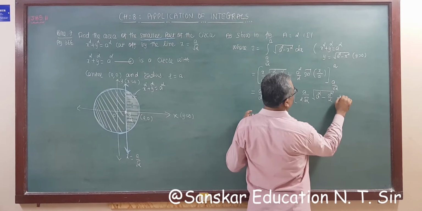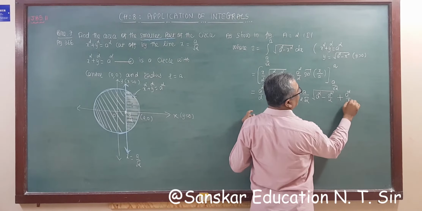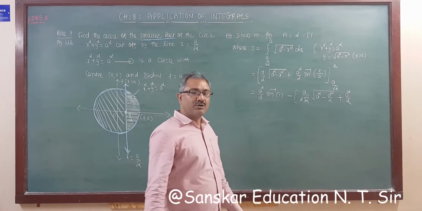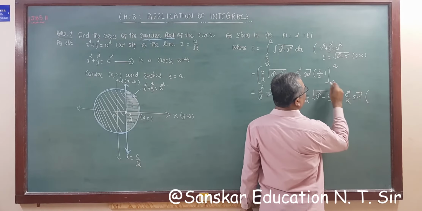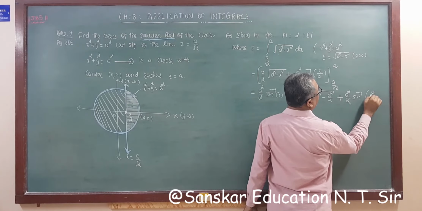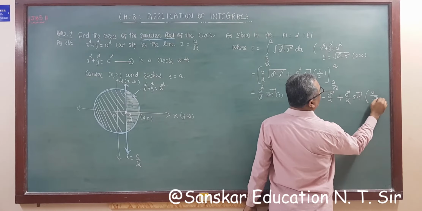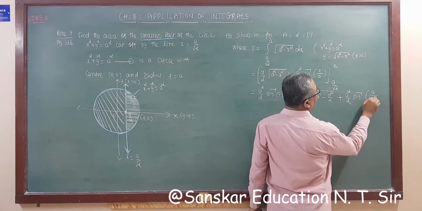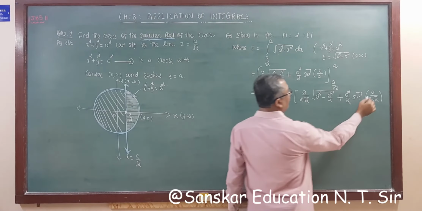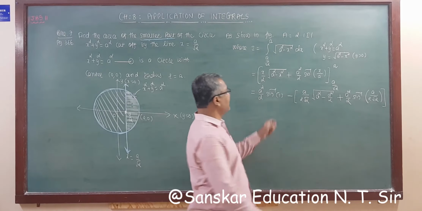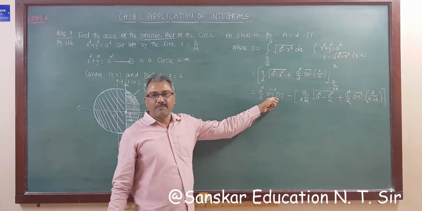Plus, that is why I am solving it, so that simplification becomes a bit difficult and you get some help, right? So sine inverse x is a upon root 2, and this a is already there. Got it? So this is sine inverse 1 is pi by 2.